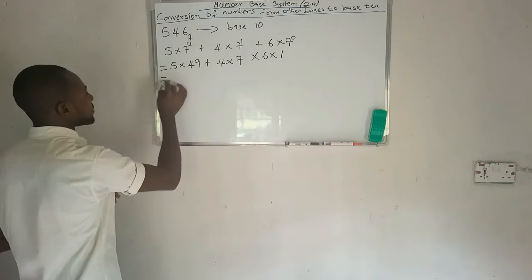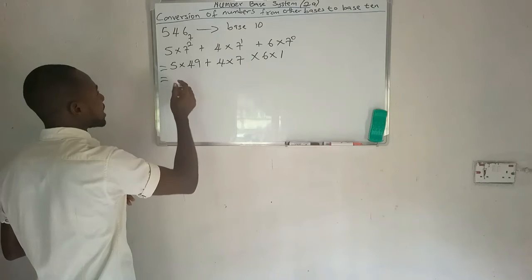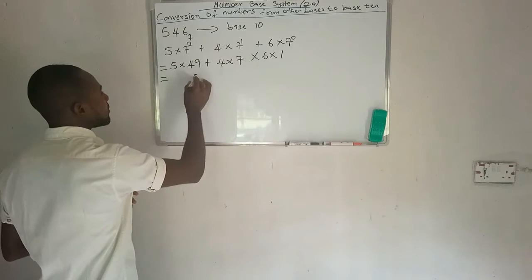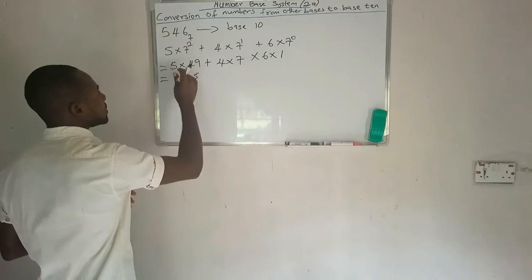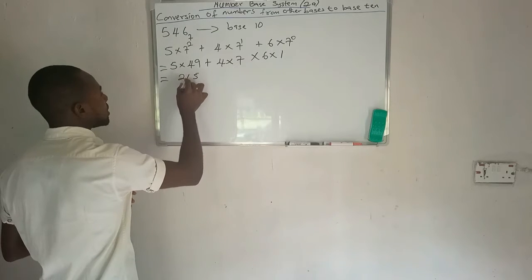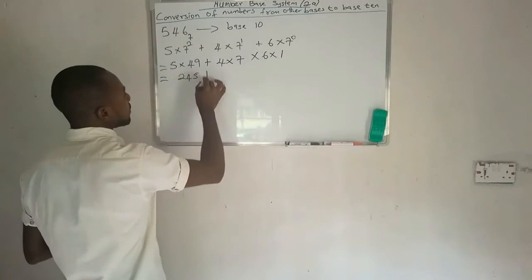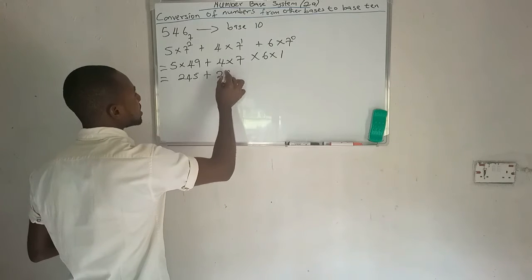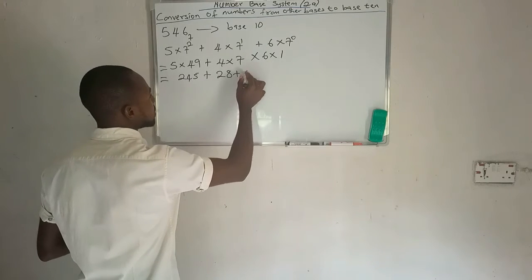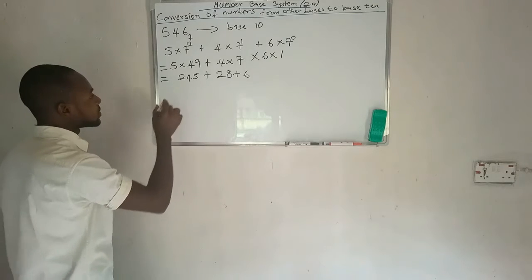So we simplify further. We have 5 times 49, which is 245, plus 4 times 7, which is 28, then plus 6 times 1, which is 6. So we'll add them together.